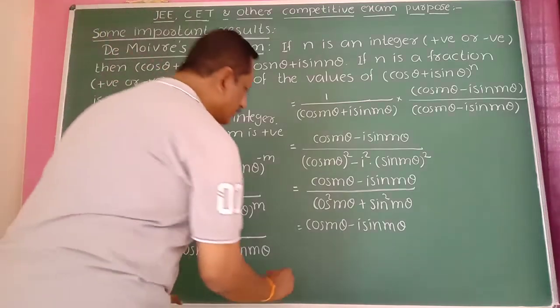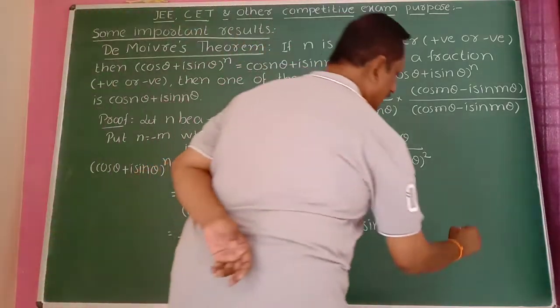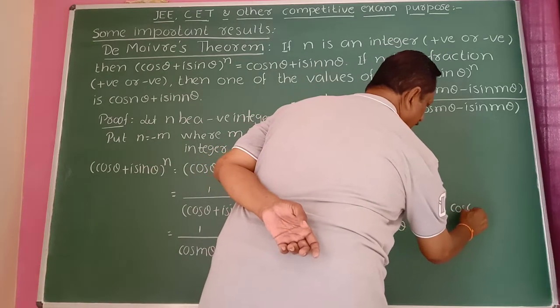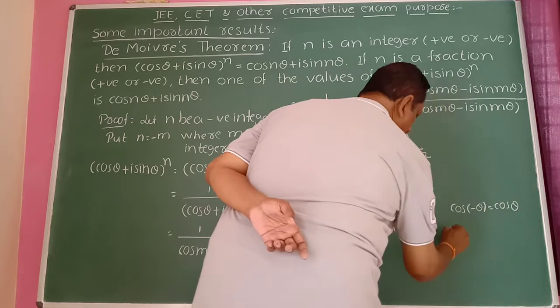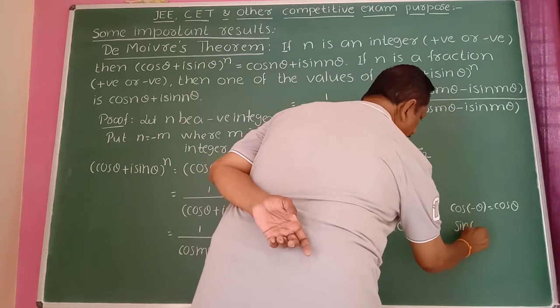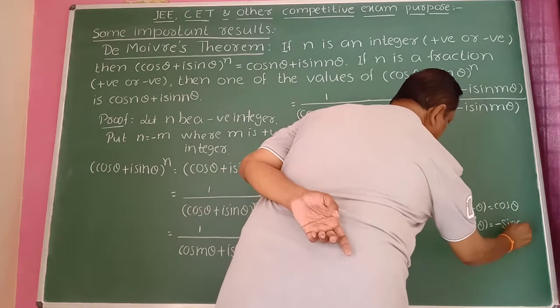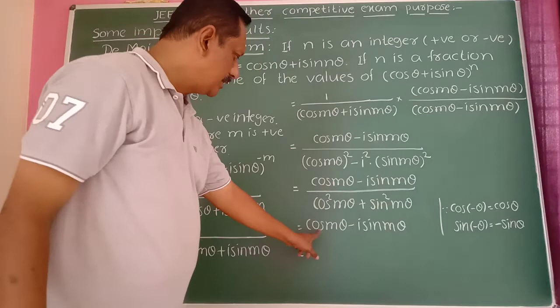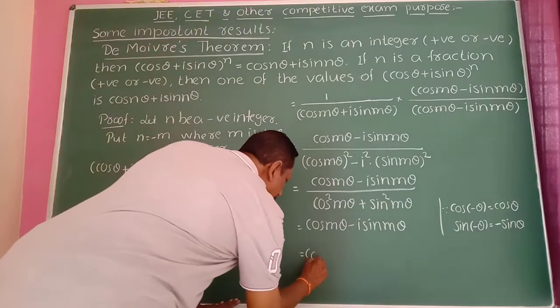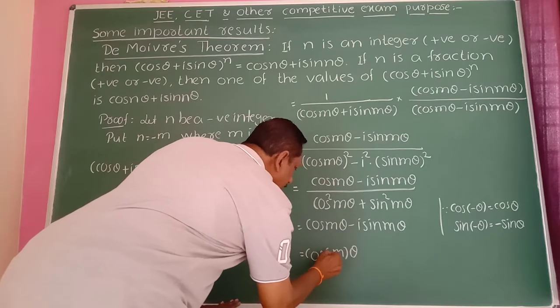Then, again using trigonometric formulas, cos of minus theta is cos theta, and sin of minus theta is minus sin theta. These are the trigonometric formulas. So cos m theta can be written as cos(-m theta).